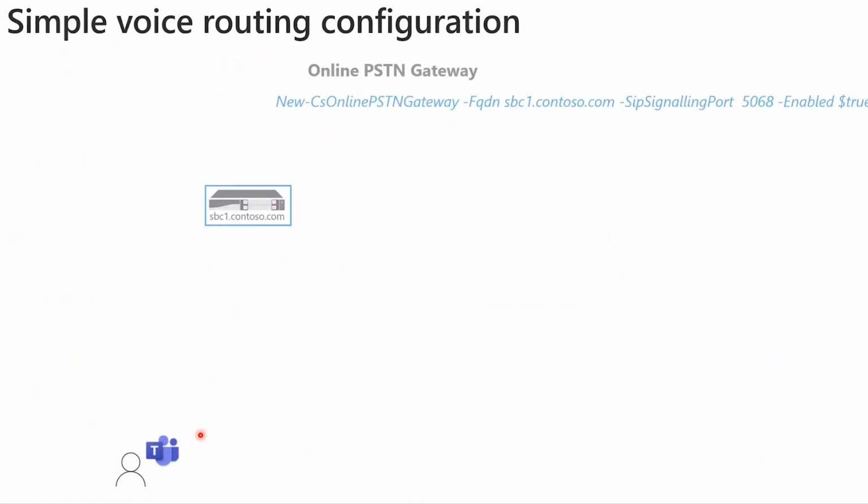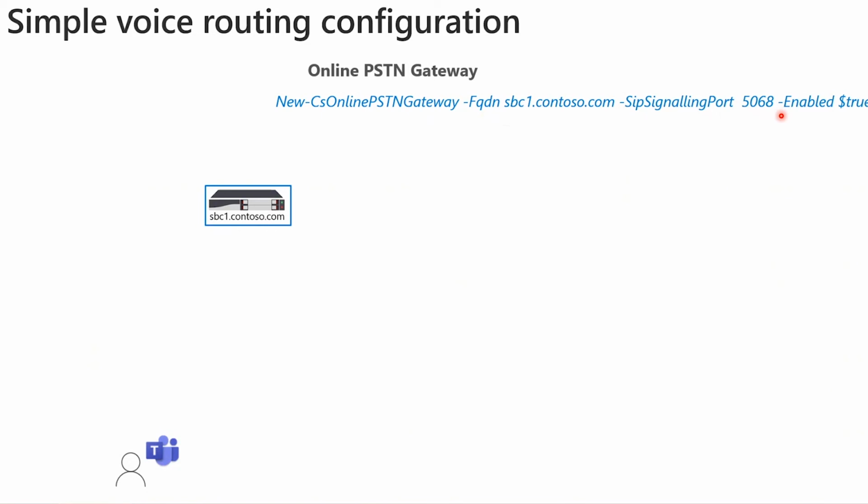Now let's put this together. Let's have a simple voice routing configuration for this direct routing setup. We create a new online PSTN gateway called sbc1.contoso.com. So I'm using the New-CsOnlinePSTNGateway, specifying a fully qualified domain name and a SIP signaling port, and I am enabling that.